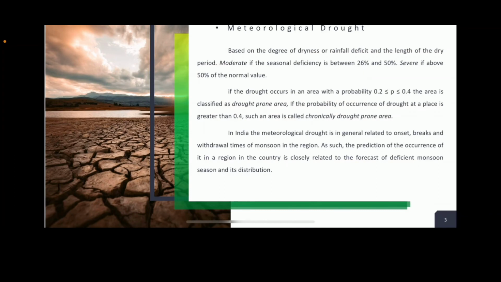In India, the meteorological drought is in general related to onset, breaks, and withdrawal times of monsoon in the region. As such, the prediction of its occurrence in a region in the country is closely related to the forecast of a deficient monsoon season and its distribution.